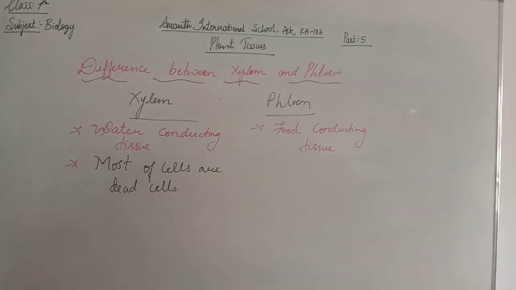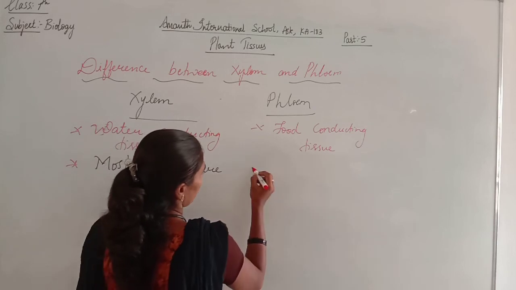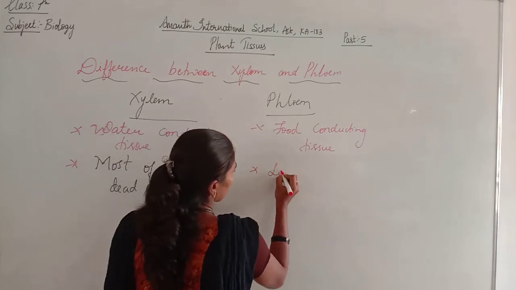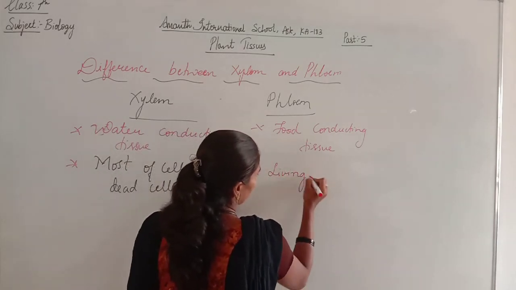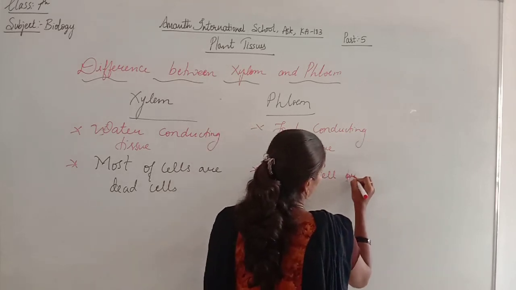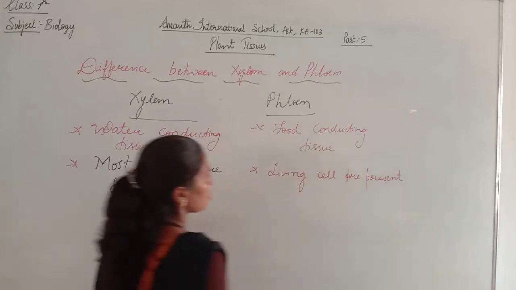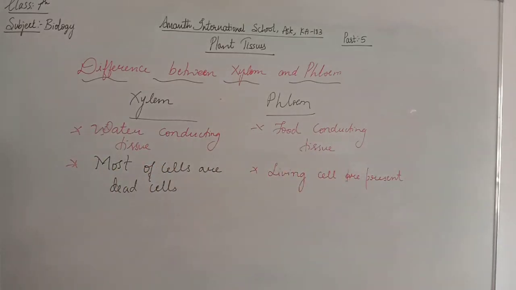The only living component present in the xylem tissue is xylem parenchyma. But in the phloem, living cells are present. This is the second difference between xylem and the phloem.